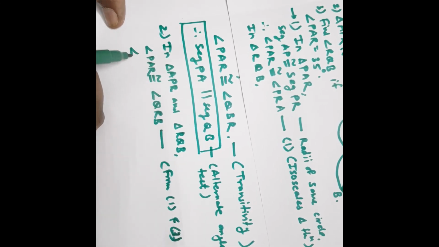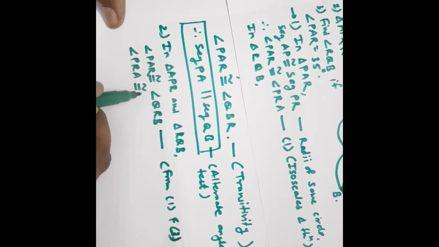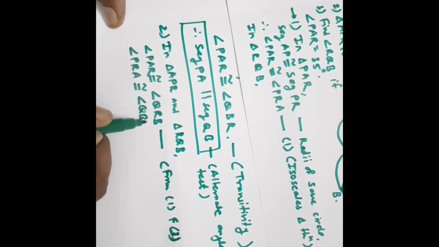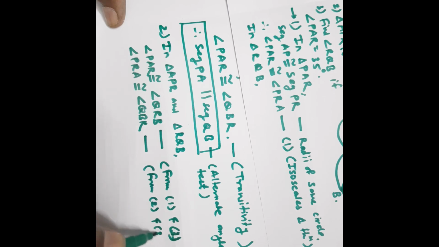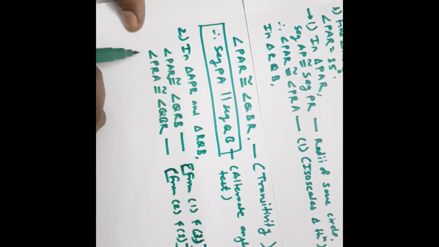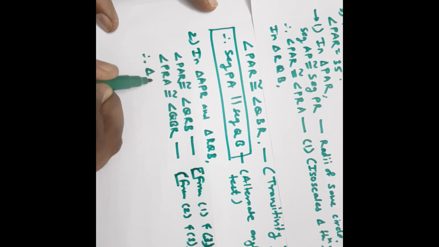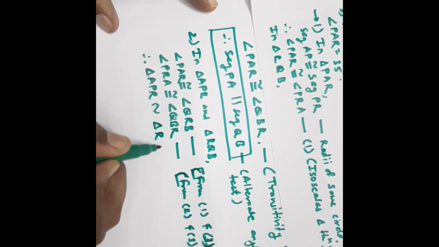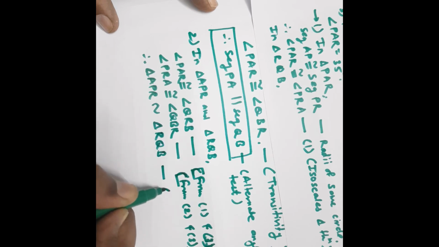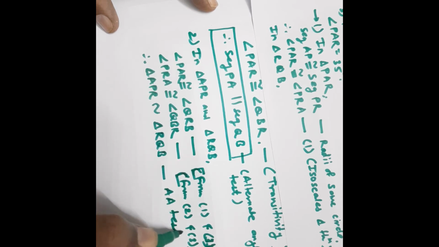Then angle PRA is congruent to angle QBR, from second and third. Therefore, triangle APR is similar to triangle RQB by the AA test.